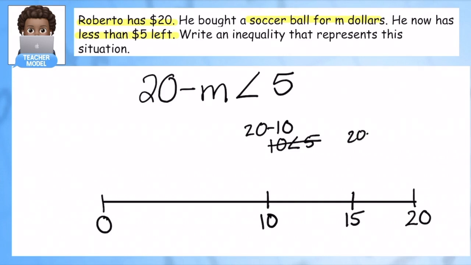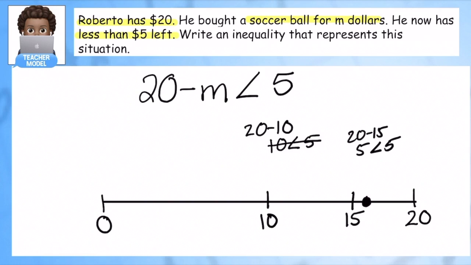So he has $20. He spends 15 on the ball. He has $5 left. Is $5 less than $5? Can $5 be less than $5? No. So this is telling us more information. Means that he definitely spent more than $15. What if he spent $15.20?